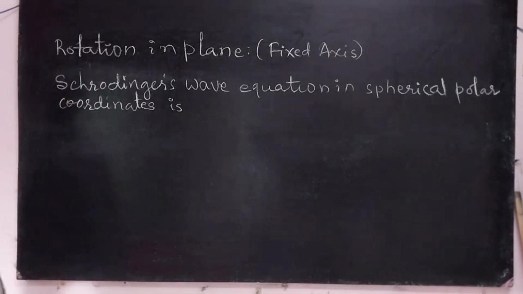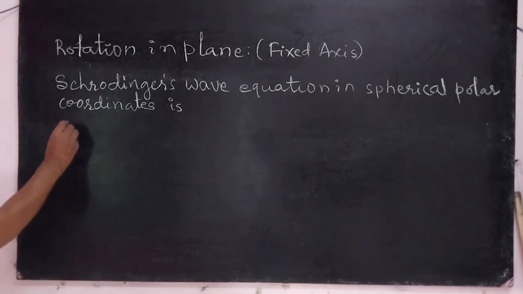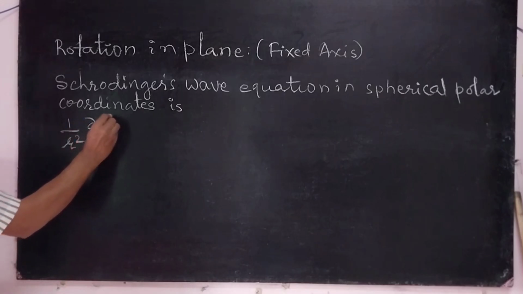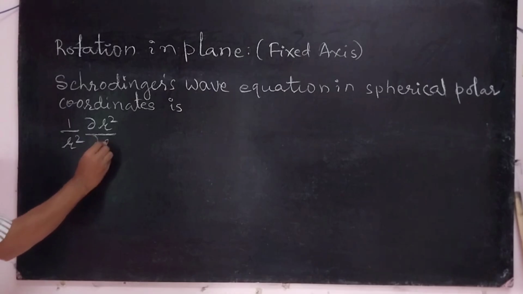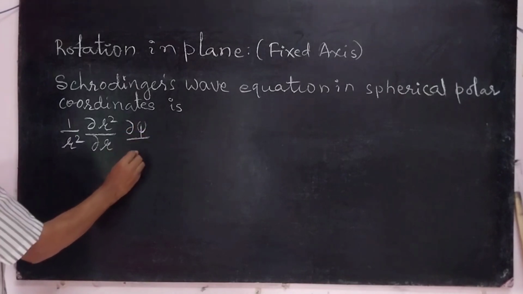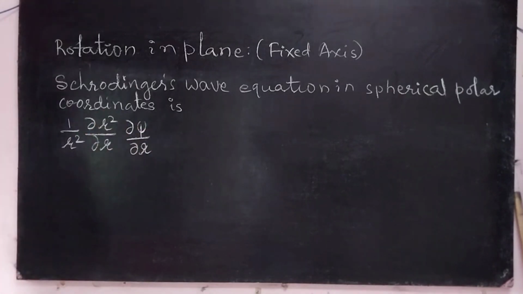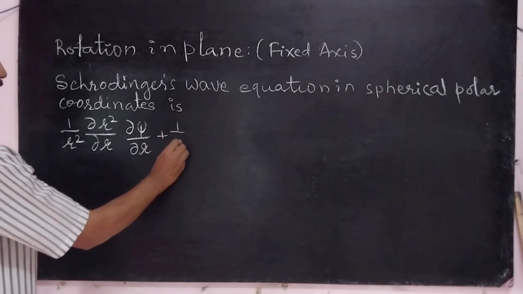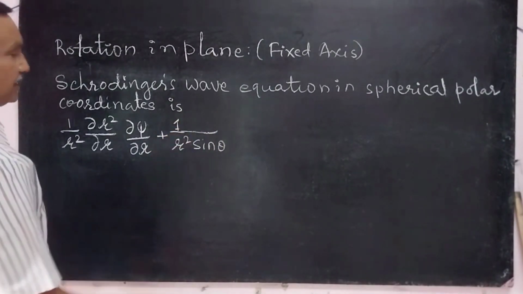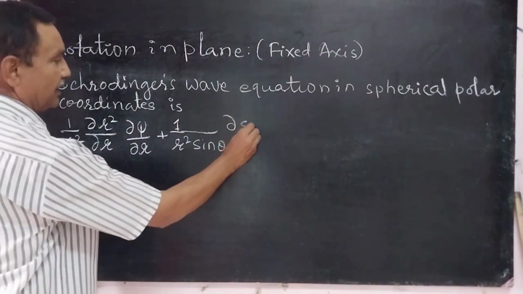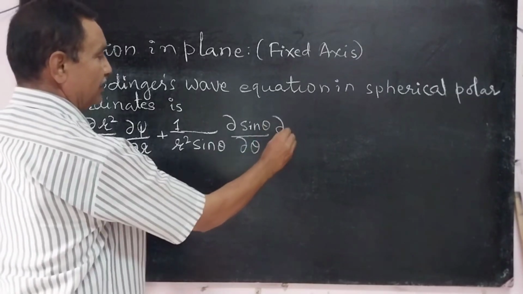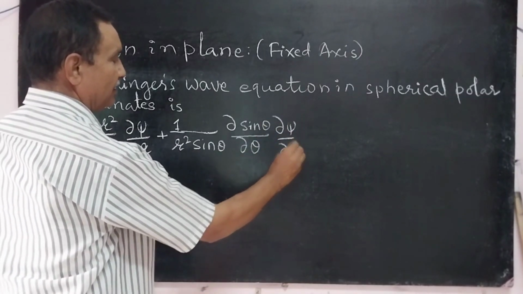Thus, the wave equation in spherical coordinates is 1 divided by r square dou by dou r of r square dou psi divided by dou r, first term. Then the second term, 1 divided by r square sin theta dou by dou theta of sin theta dou psi divided by dou theta.